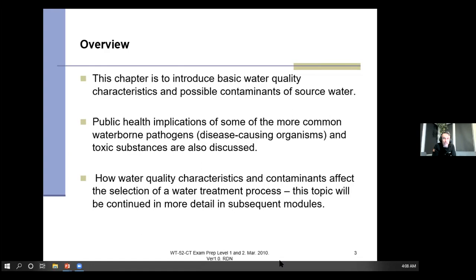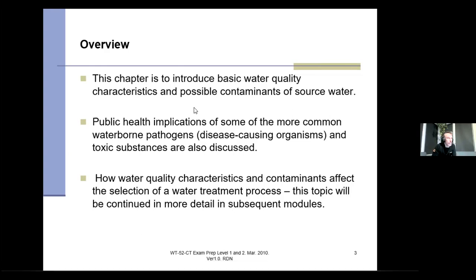Something with lots of minerals will be treated differently to water that, say, has some color in it. So in this chapter, we're going to talk about basic water quality, the contaminants, how those contaminants get into your water, and how we get this stuff out of there.